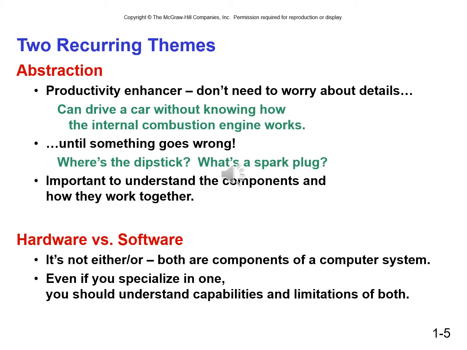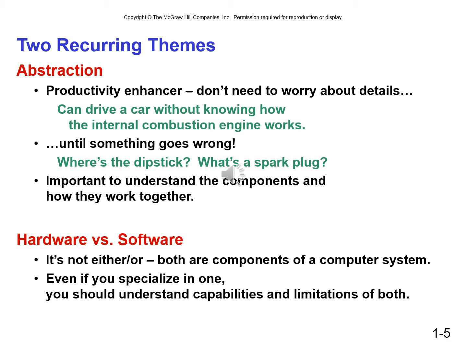You simply need to understand how to interface with the vehicle, and that is the steering wheel, the gear shifter, and the pedals. In fact, many cars now do not have an internal combustion engine. They have an electric engine. Okay? And this works until something goes wrong. So it is important to understand the components and how they work. So abstraction is the first very important theme in this course.